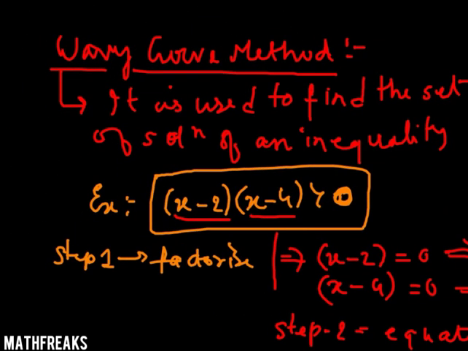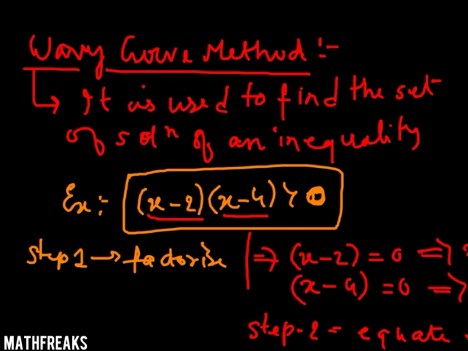Let me repeat myself. First of all, the Wavy curve method is used to find the set of solution of an inequality. That means you can use this method only for inequalities. Then the first step is, you will be given an expression in the question. We are going to discuss a few questions of the Wavy curve method.